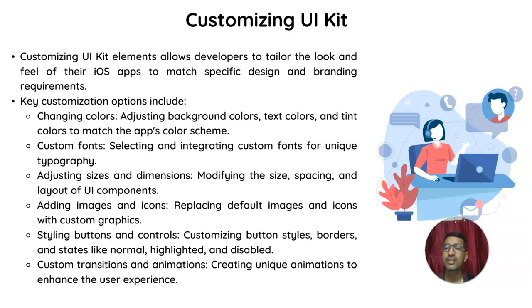This customization can include things such as changing colors, customizing the fonts of labels, adjusting the size and dimensions, adding images and icons, styling the buttons and controllers, and customizing transitions and animations. So these are the key customizations that we can do in the components of the UI kits.